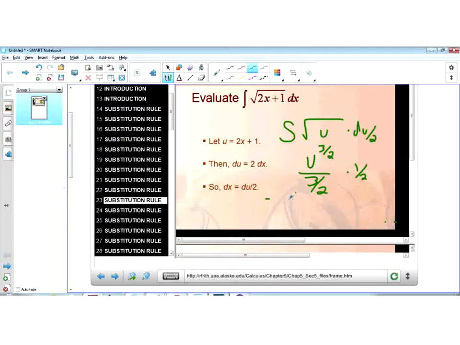Okay, and so that would be 4/3. Let's see, no, I'm sorry, not 4/3. That would be 1/3 u to the 3/2. Forgot my integration constant. Okay, and so that would be 1/3 times 2x plus 1 to the 3/2 plus your integration constant, like so.